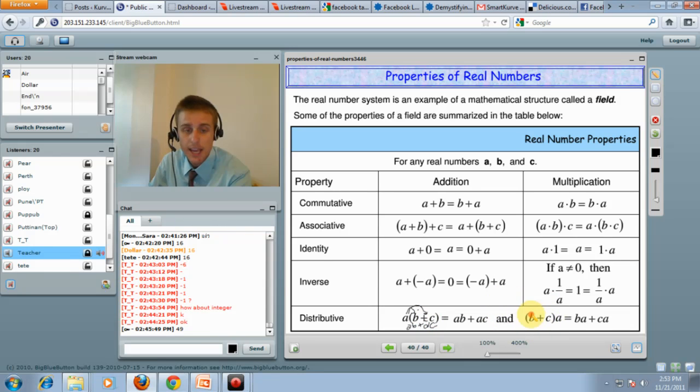And it is the same if the parentheses is before the A. So you can multiply B times A plus C times A. It is the same. It does not change the answer.